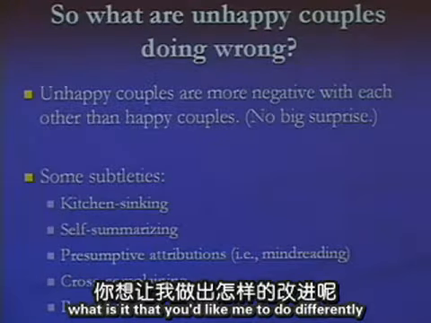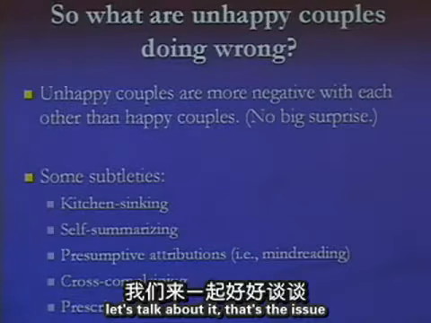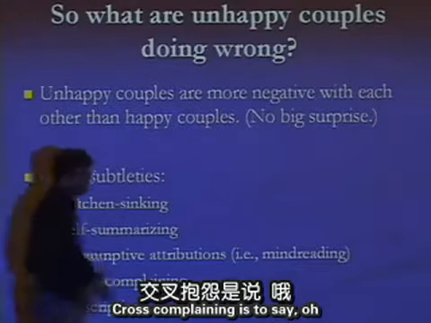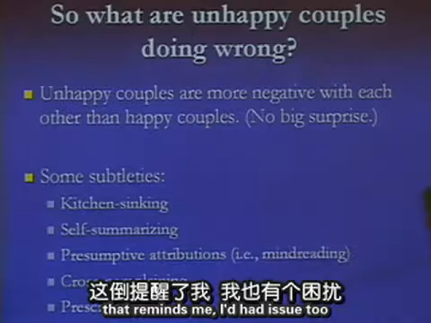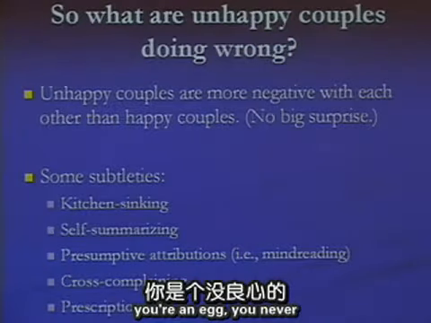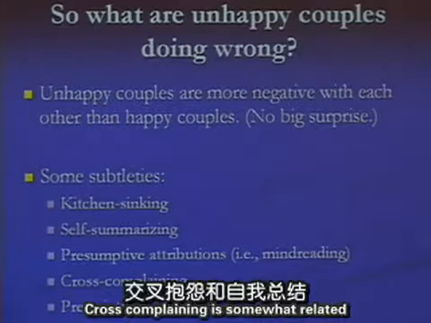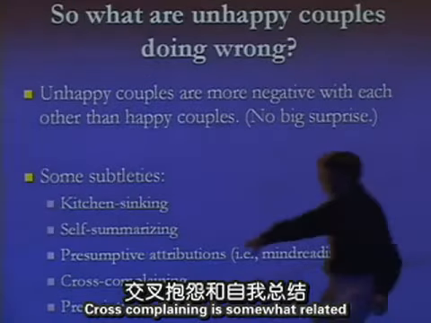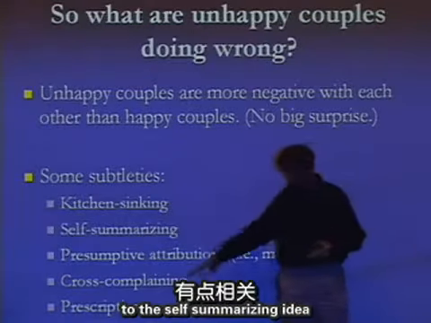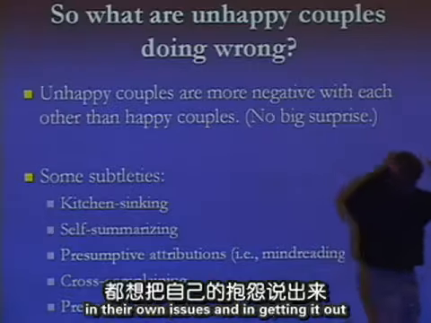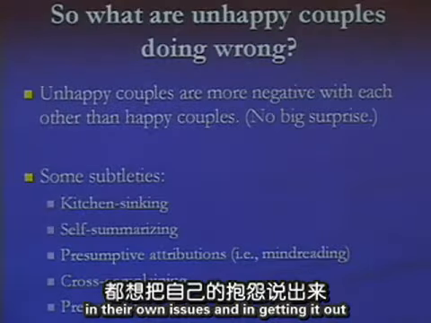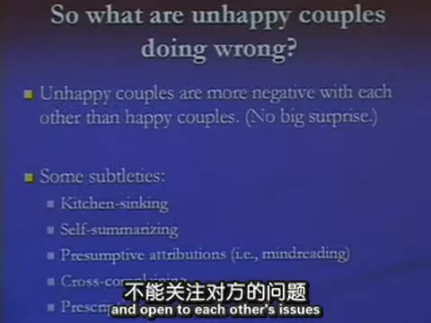What is it that you'd like me to do differently, or what is it that you're missing? Let's talk about it. That's the issue. Cross-complaining says, oh, that reminds me, I've got an issue too. You're a nag, and you never give me the little space or whatever. Cross-complaining is sort of related to the self-summarizing idea. It's when two people are so wrapped up in their own issues and getting their own issues out that they can't connect and be open to each other's issues.